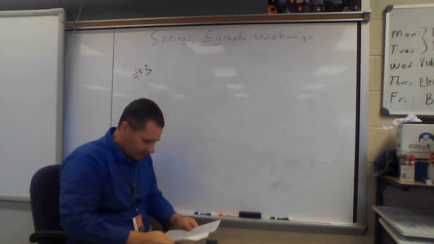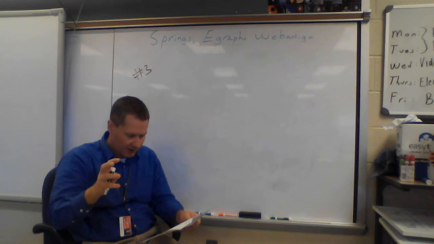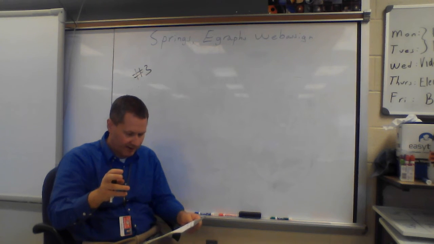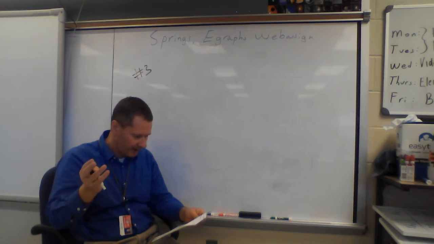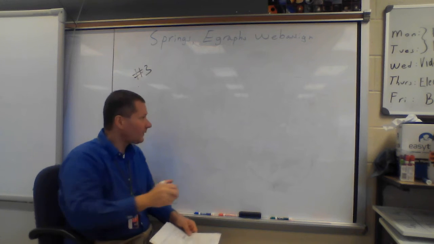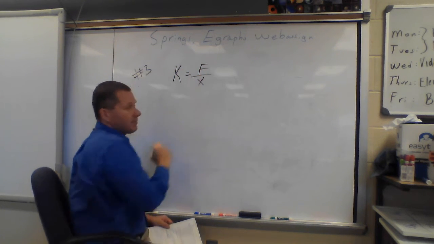Number 3 has a couple little wrinkles in it. It's similar to number 2. They're saying that you're pushing with a certain amount of force and holding it stationary at a certain position. And then we're going to do some more work to compress it, or it doesn't really say, I don't think, but we're definitely going to move it. So once again, we are going to find the spring constant.